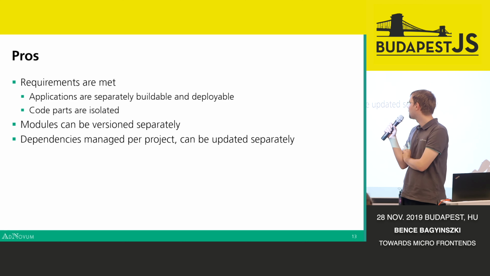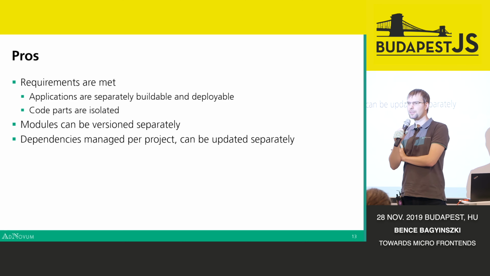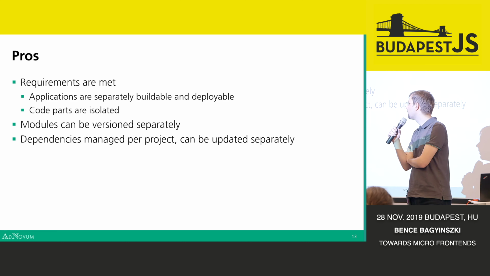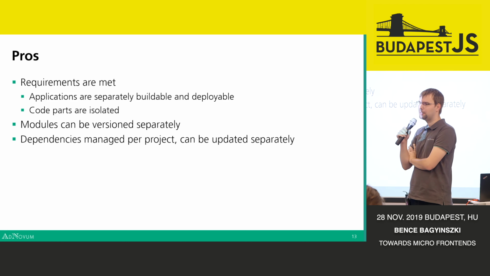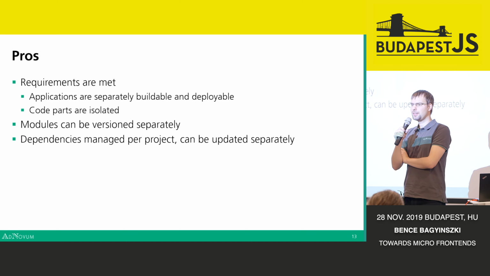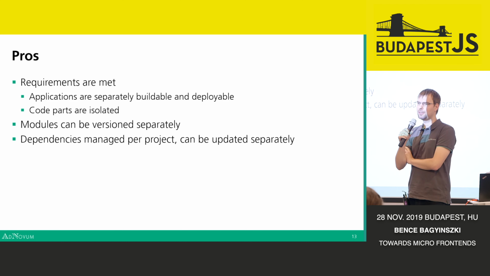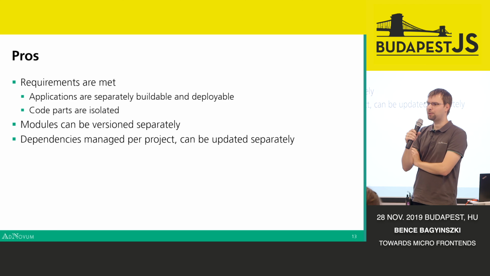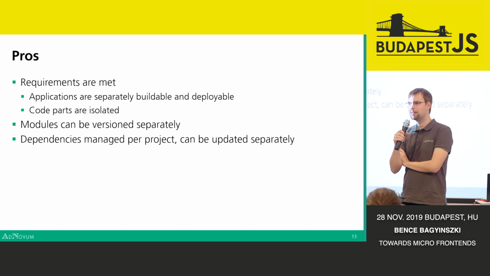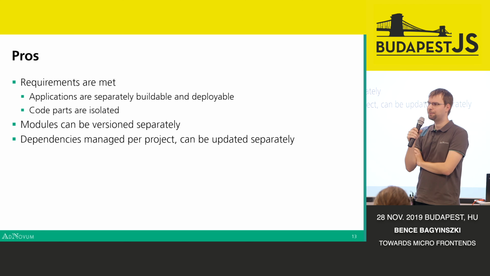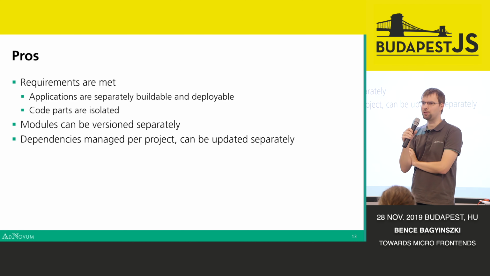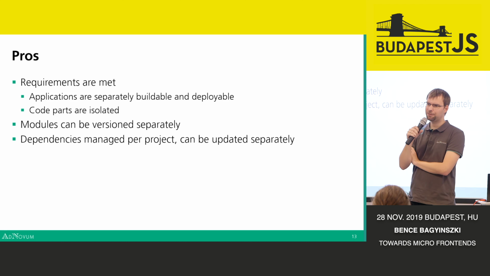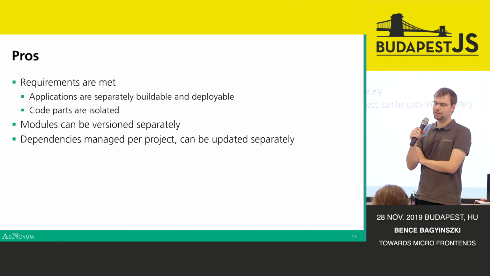These modules could be versioned separately, and the dependencies were managed on a per-project basis. It means that, for example, when we upgraded from Angular 7 to 8, we could and had to do this one by one for each project. That can be a benefit, and that can be a difficulty too.